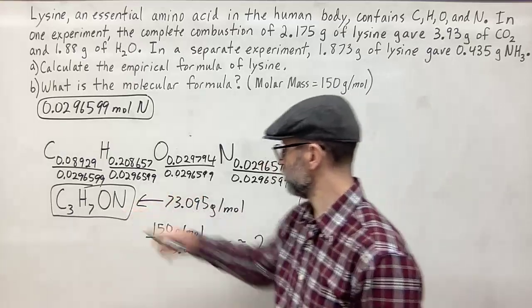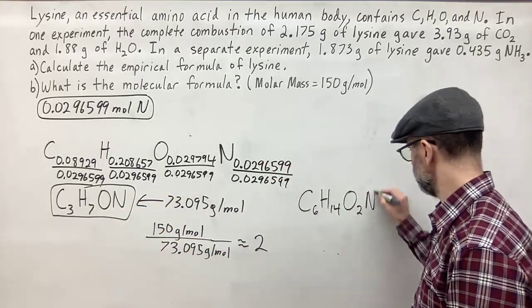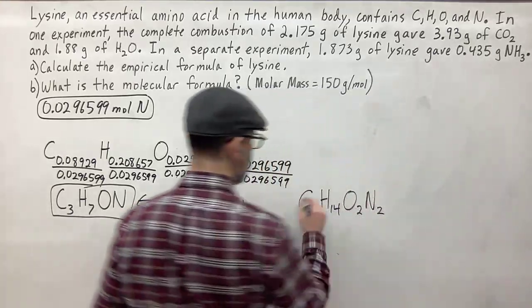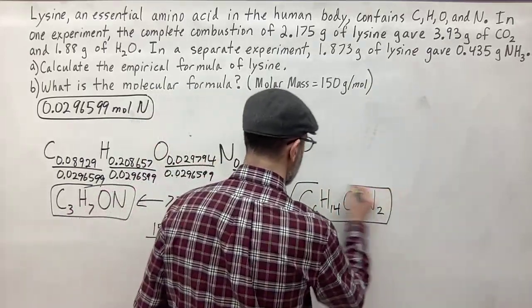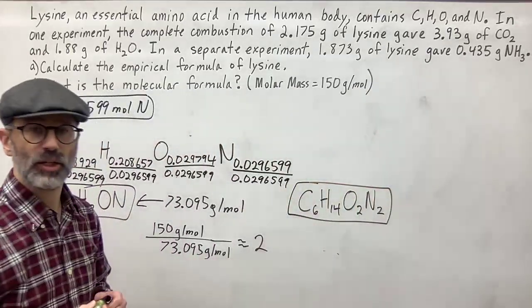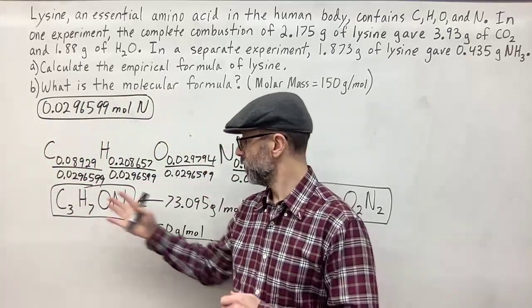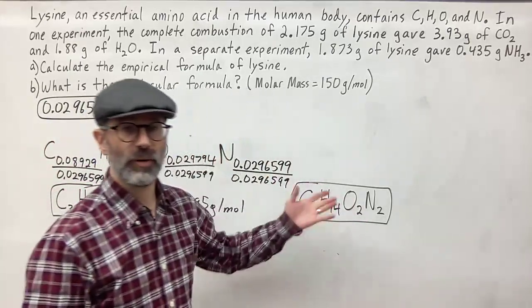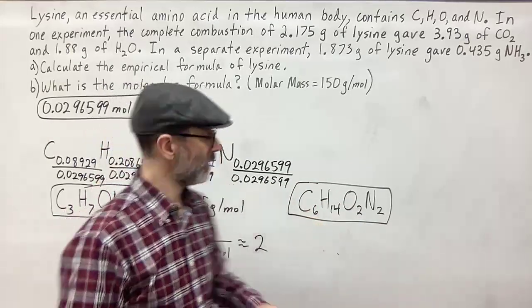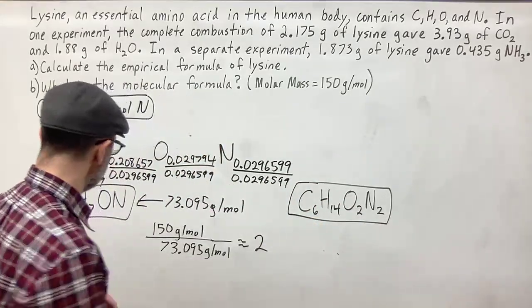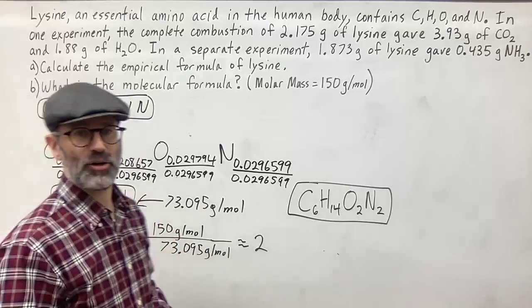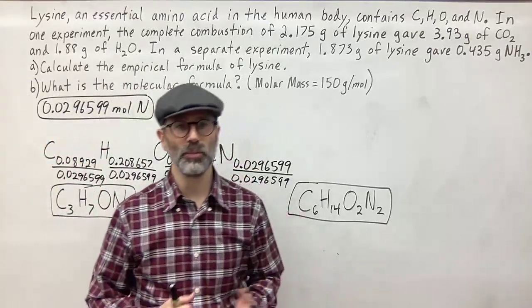And then 1 times 2 is 2, that's going to be N2. So here, ladies and gentlemen, we have the molecular formula for lysine. So here we have the empirical formula, here we have the molecular formula, and they differ by a factor of 2. And that, ladies and gentlemen, is how you do these sorts of problems.